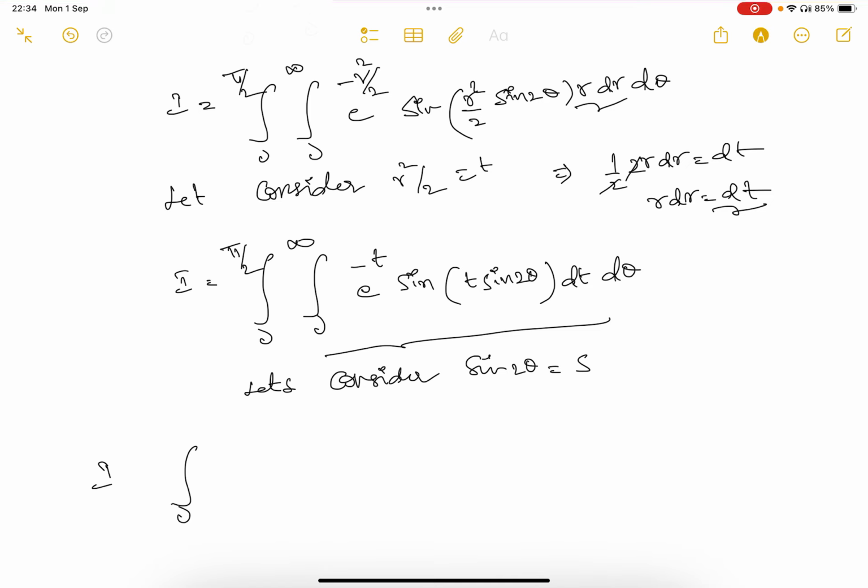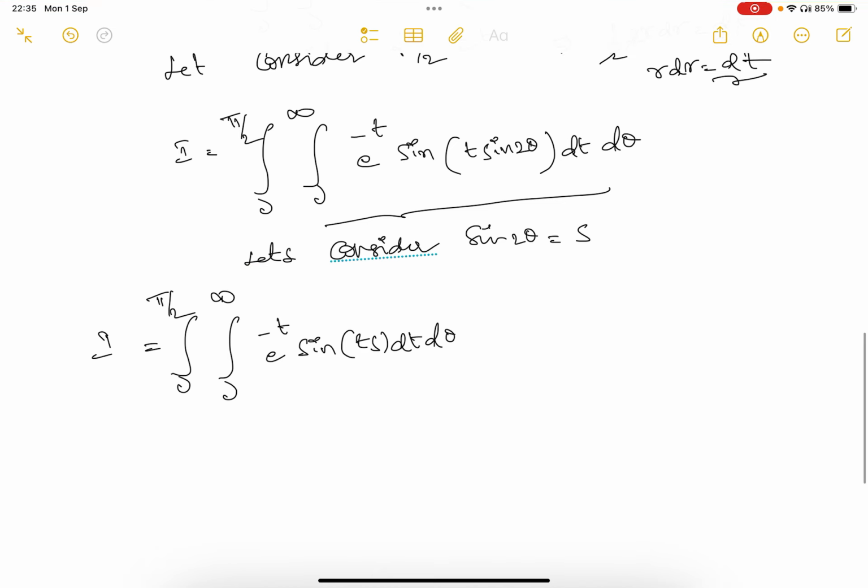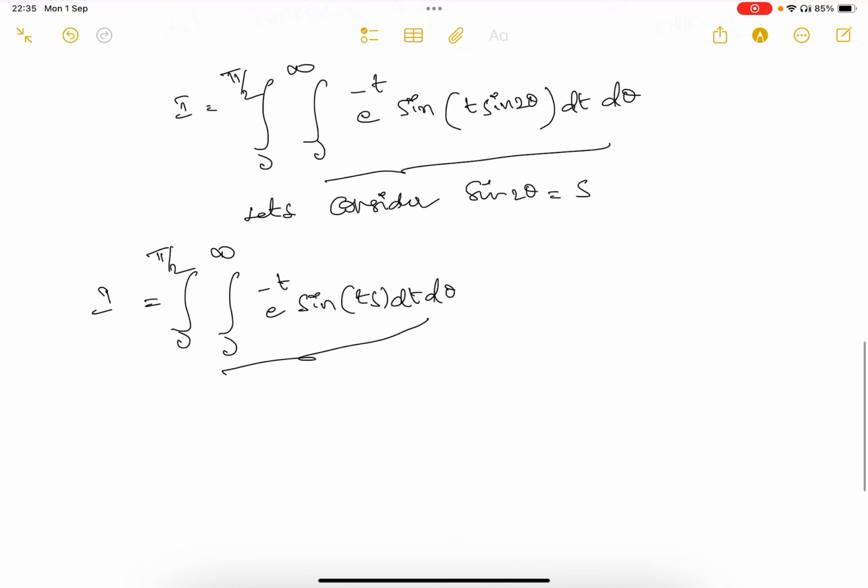So that we will not get confused, I equal to integral 0 to pi by 2, integral 0 to infinity e power minus t sine of st dt d theta. First evaluate this integral, 0 to infinity e power minus t sine of st dt. When we evaluate this, the s value will be sine 2 theta, and we'll integrate integral 0 to pi by 2 d theta.